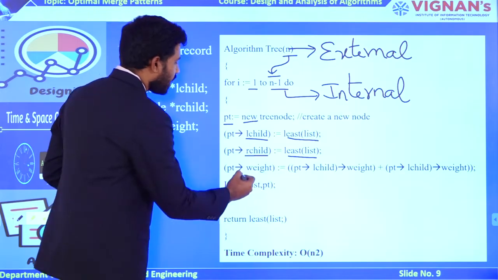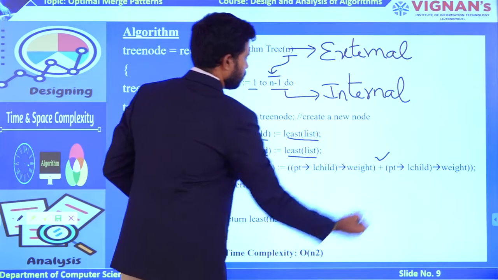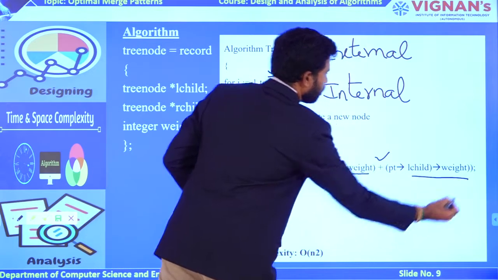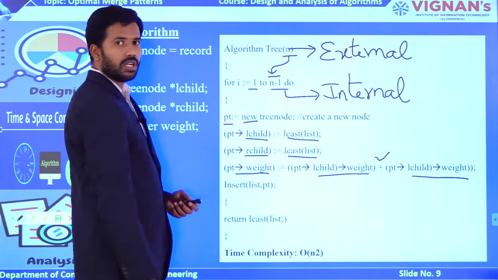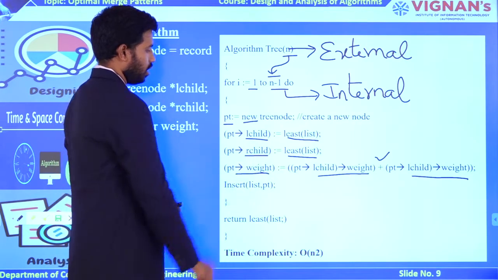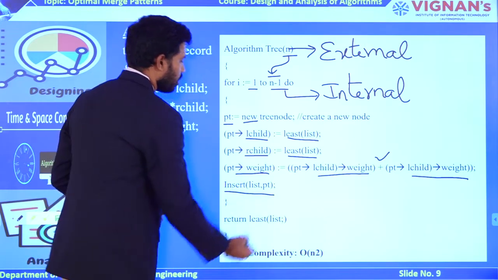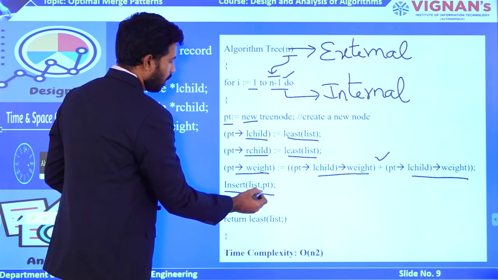Now, how to get the weight? Sum of the weight of left children and the weight of right children gives the weight of my internal node. Likewise, I am inserting each and every one of the n minus 1 internal nodes into my list.